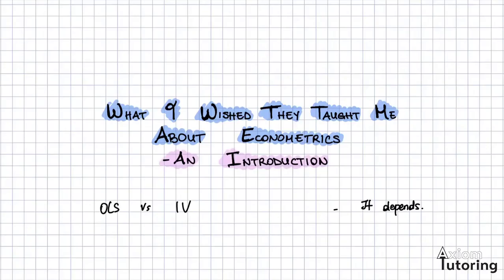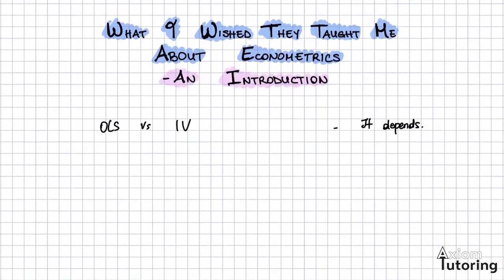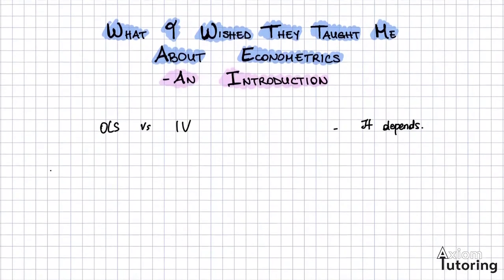Suppose that we estimate the same model twice. Say we get the OLS estimate, beta OLS, where the formula we've learned is basically the covariance of x and y divided by the variance of x.